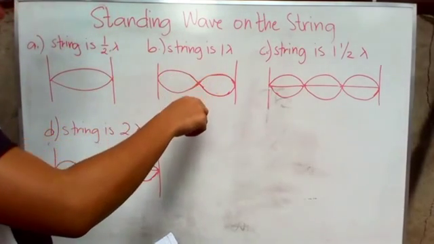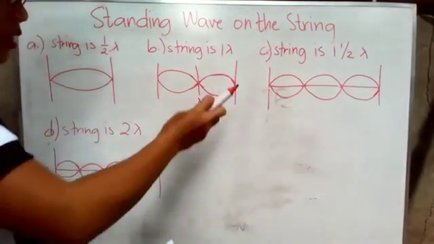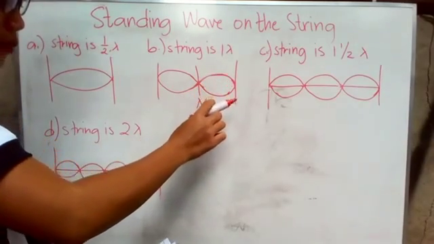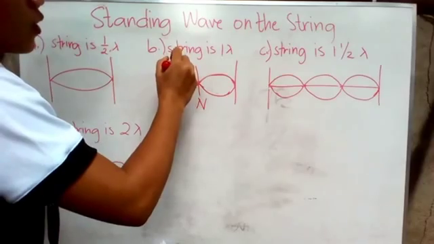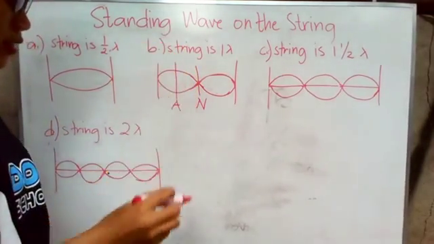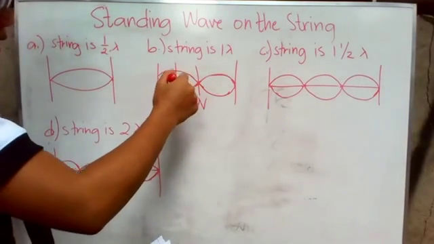These particular points are called nodes, which never move at all. Midway between the nodes are points called antinodes, where the amplitude of motion is greatest.